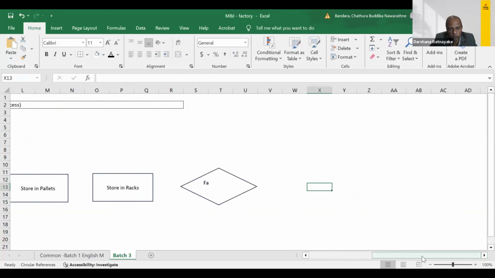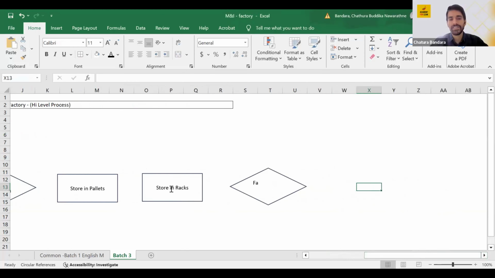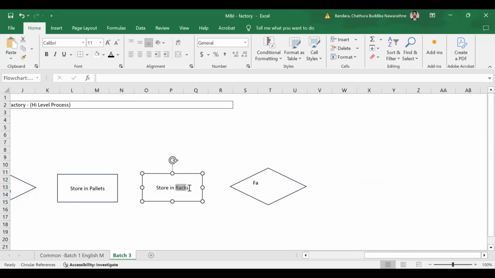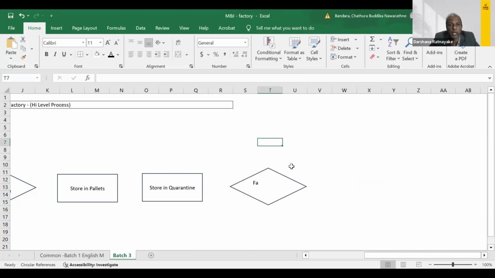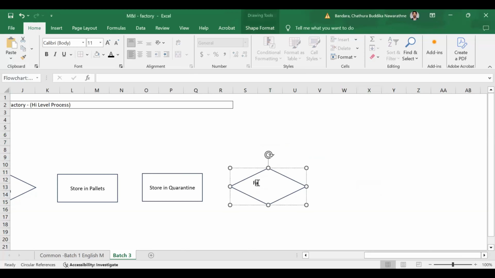So in that case, shall I redo this as store in quarantine? Yes, correct. Based on my understanding, do others have any suggestions? Correct, because plant to plant, factory to factory, there are differences. We have to keep the fabric in the quarantine area, then we will move it into the racks.